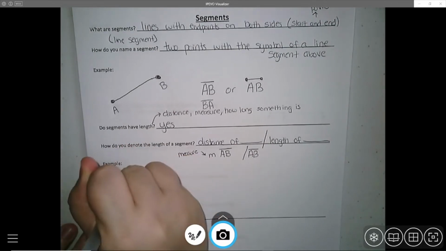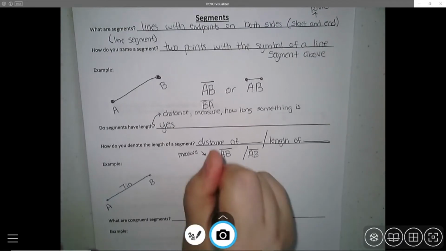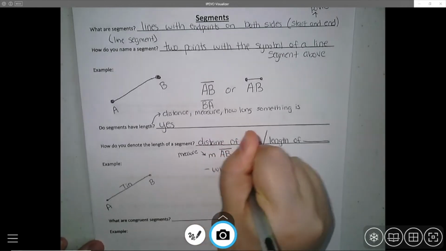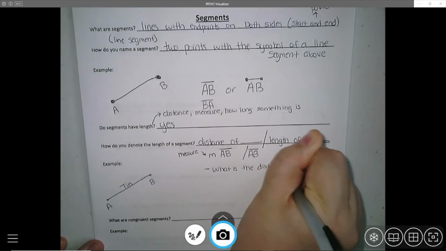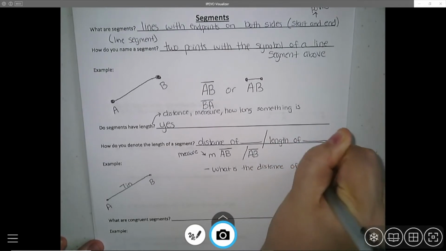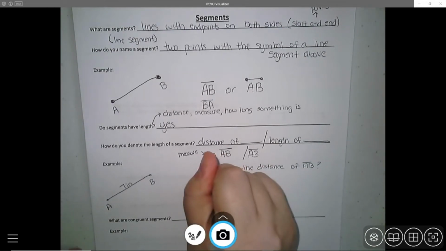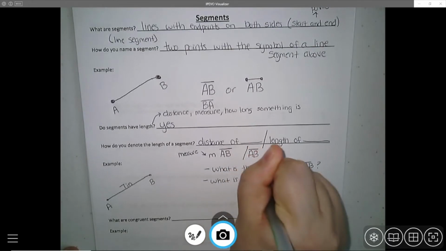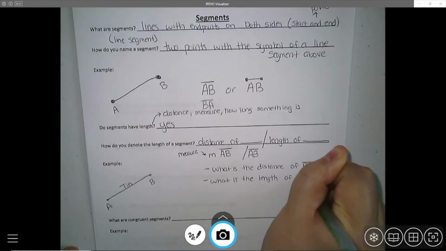Okay, we'll say AB has a length of 7 inches. So, you could have, what is the distance of AB? There is the denotion of how you would see distance. Okay, we could have, what is the length of AB?